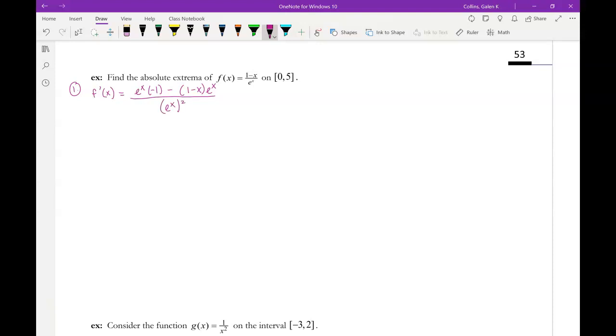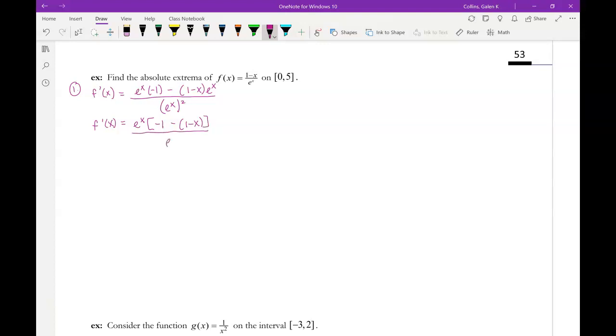And remember, you could write that as e to the 2x using our properties of powers from algebra. And typically, it helps to factor when we can our derivative. So since both terms in the numerator contain e to the x, I'm going to factor out a GCF of e to the x, and I'm left with -1 minus, and until I distribute that, I need 1 minus x in parentheses.